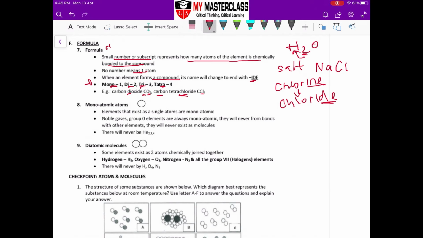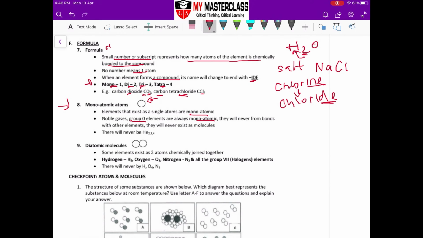Please know this is also very important. Under your periodic table, we have what we call the monoatomic atoms. Elements that exist as single atoms are monoatomic. Monoatomic means if you draw the picture, they exist as 1 atom by themselves. So we have to know in your periodic table, the group 0 elements are always monoatomic.